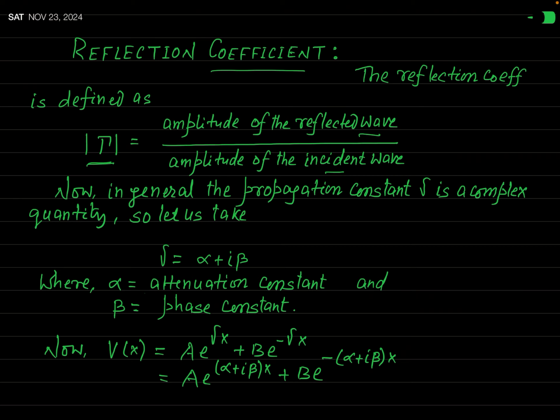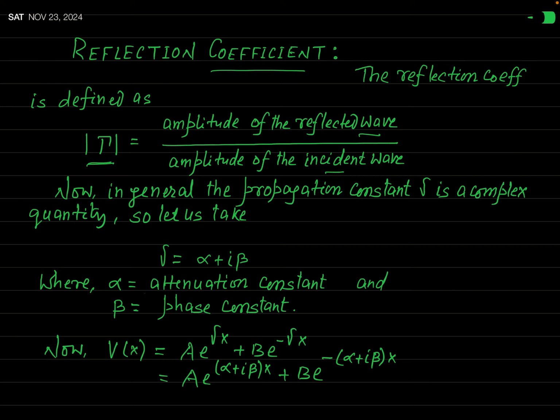If gamma is equal to 1, there is complete reflection of the wave. But if gamma is 0, there is no reflection, which means complete absorption of the wave. So this gamma is the measure of the degree of reflection: how much wave will be reflected from the load end.